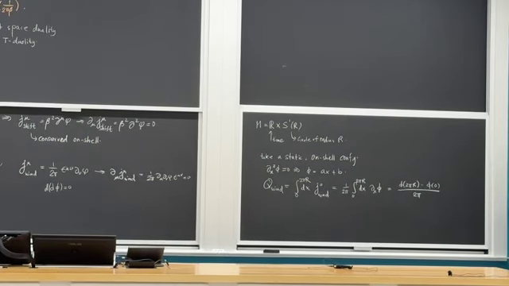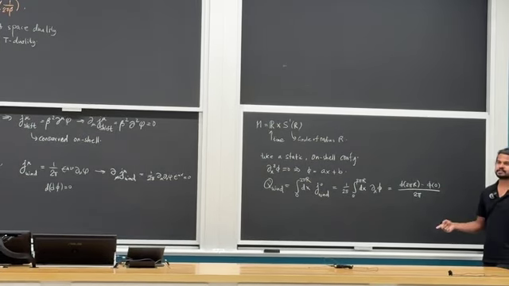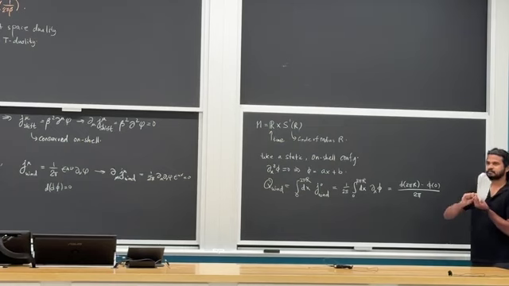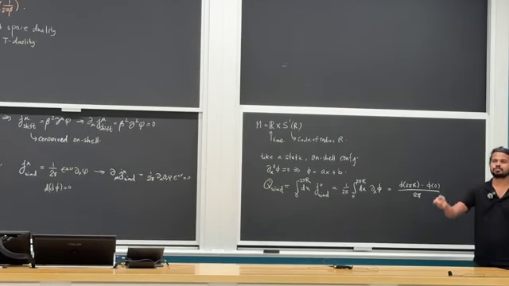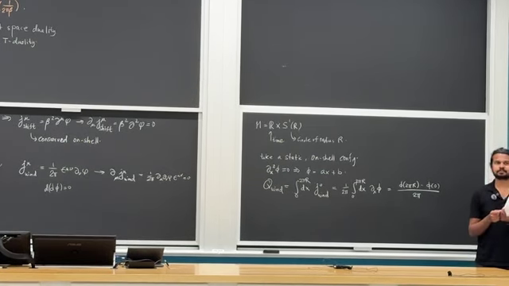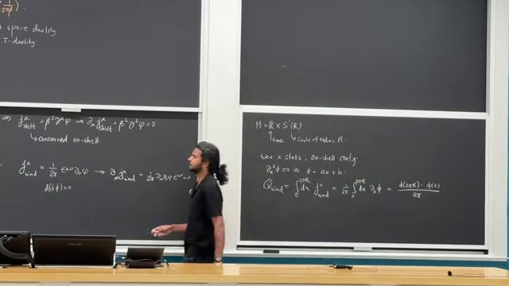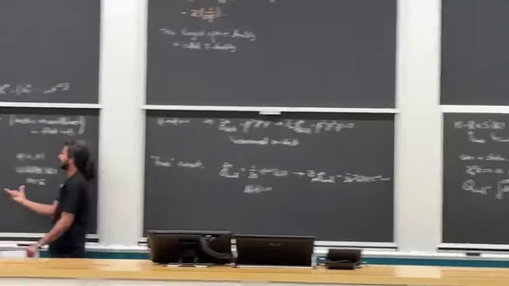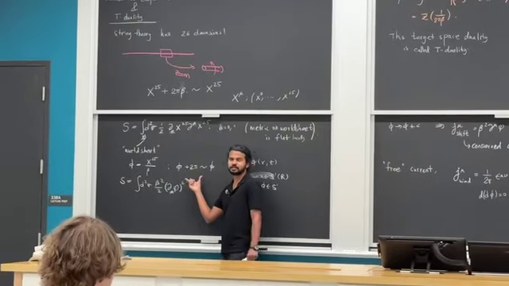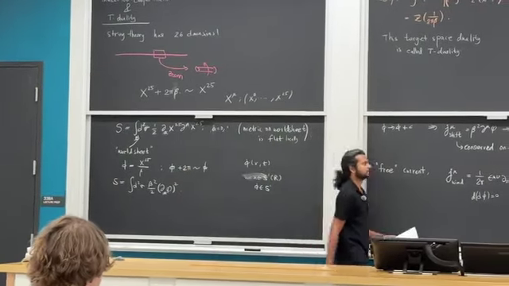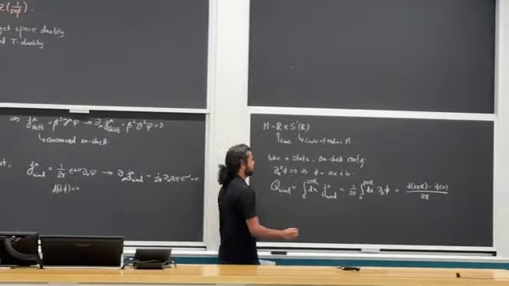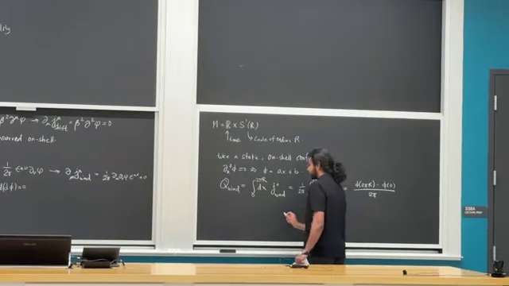So naively, it seems like Q wind is 0 because we have to identify the field at 2 pi r and 0. But due to this compactness identification or periodicity condition on phi, I can relax the boundary conditions.